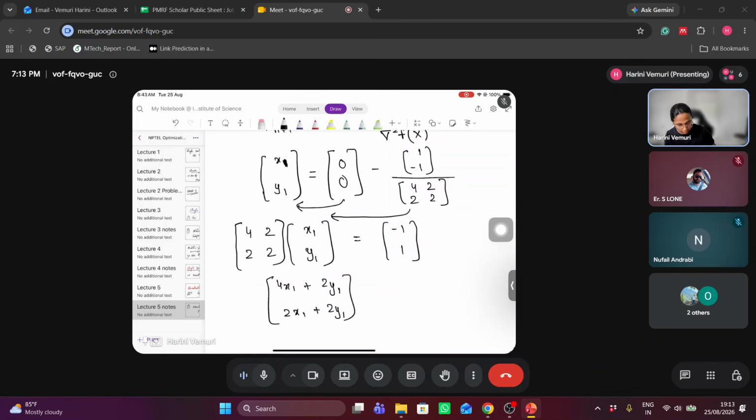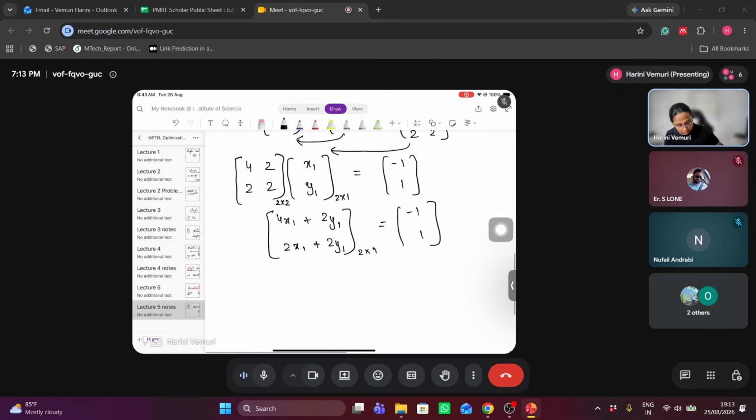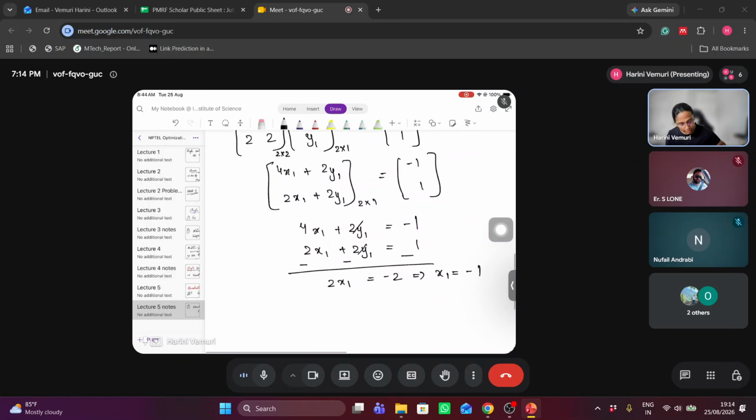Matrix multiplication we are doing, 2 by 2 and 2 cross 1. Okay. So it will result in a 2 cross 1 matrix. It's equal to minus 1 and 1. So just by solving these equations, where 4x1 plus 2y1 equal to minus 1 and 2x1 plus 2y1 equal to 1, then just subtract these two equations, then 2x1 equal to minus 2, x1 equal to minus 1.